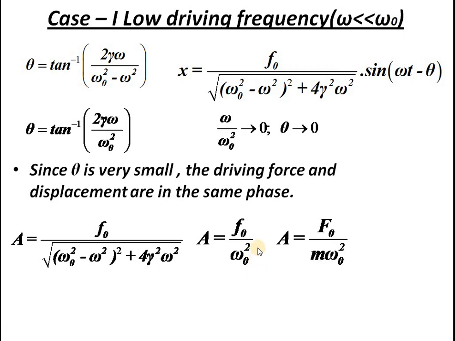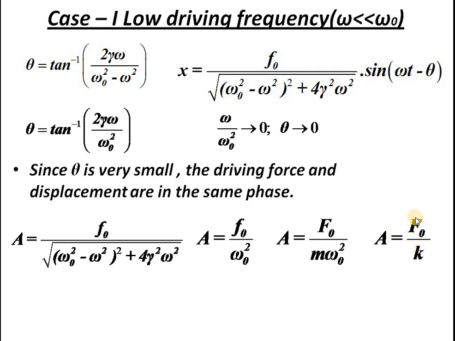And you know small f0 is equal to capital F0 by m, as we assumed at the beginning. You can go back and see it in the derivation. So we get f0 by m omega 0 square. And m omega 0 square is what is called the spring constant, which we already studied in one of the previous modules. So we get amplitude equal to f0 divided by k.